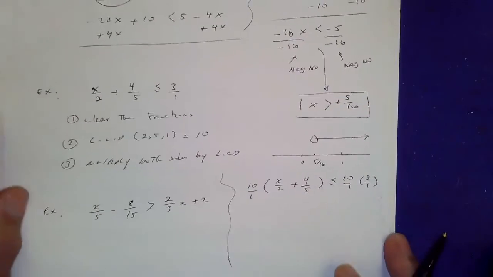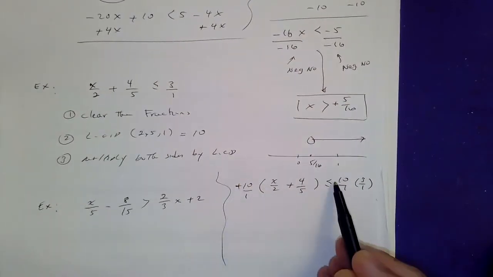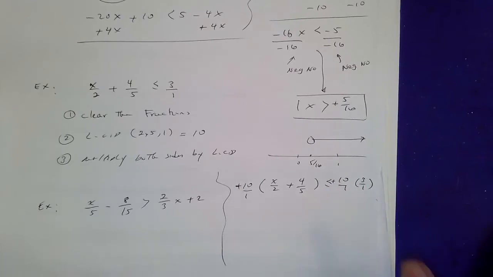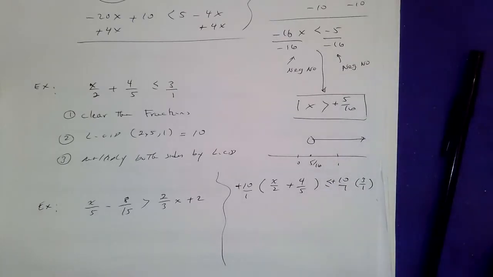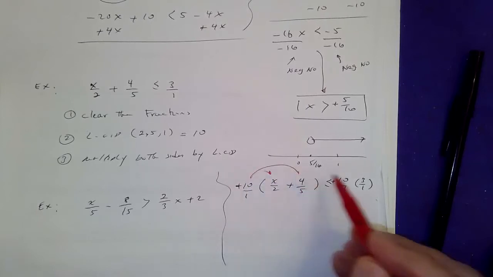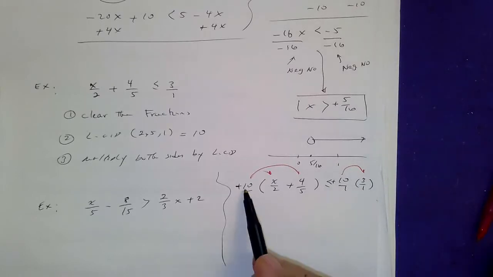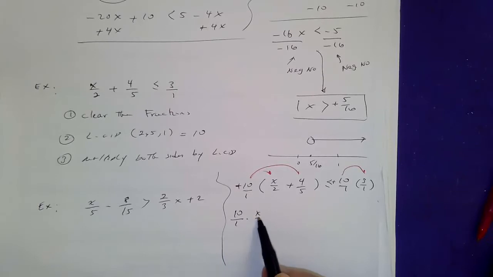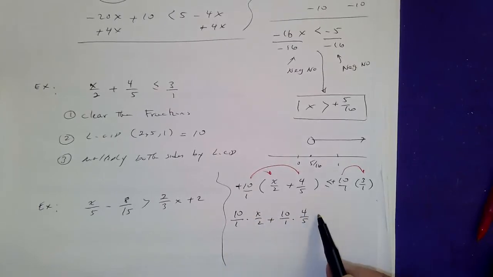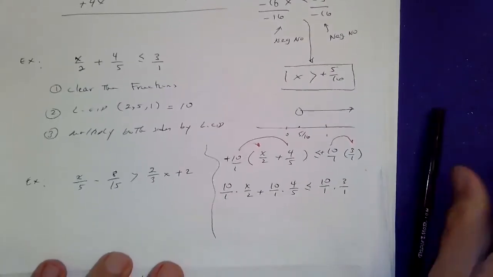Now, because I'm multiplying both sides by a positive number like 10, I don't need to switch the signs. But now I have to distribute the 10 to remove the parentheses. 10 over 1 times x over 2 plus 10 over 1 times 4 over 5 less than or equal to 10 over 1 times 3 over 1.